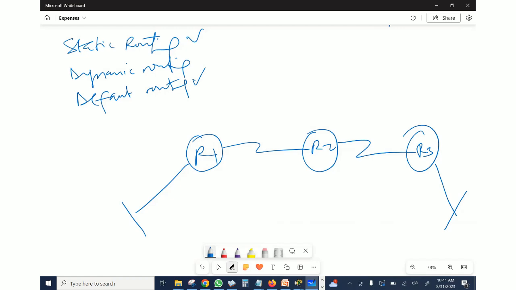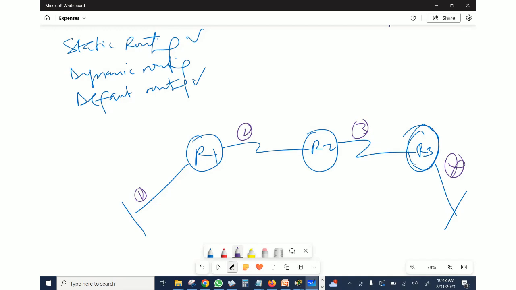So R3 will automatically tell R2 about, let's go back to our example, network 1, network 2, network 3, network 4. R3 will automatically tell R2 about network 4.